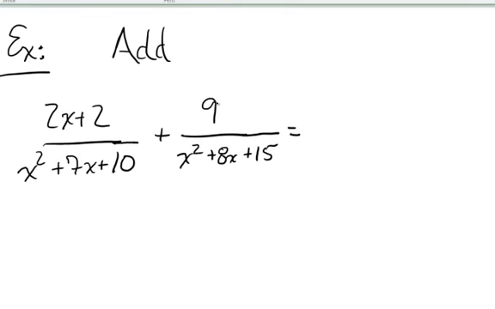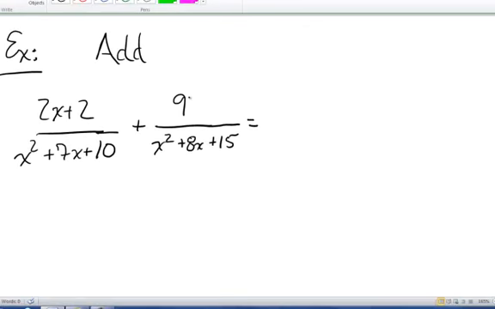Okay. Now in this case, we've got two rational expressions. If I already had like denominators, which I do not, I could simply add the two numerators together. But I don't have like denominators, so I need to write both these expressions in terms of their common denominator.